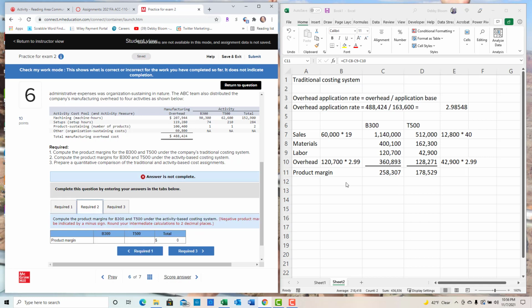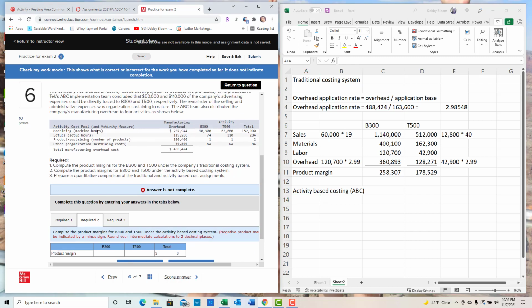Now in requirement 2 under ABC, we're actually going to calculate 3 overhead rates. So we can see here that we have 4 overhead categories, but the last one is organization sustaining.